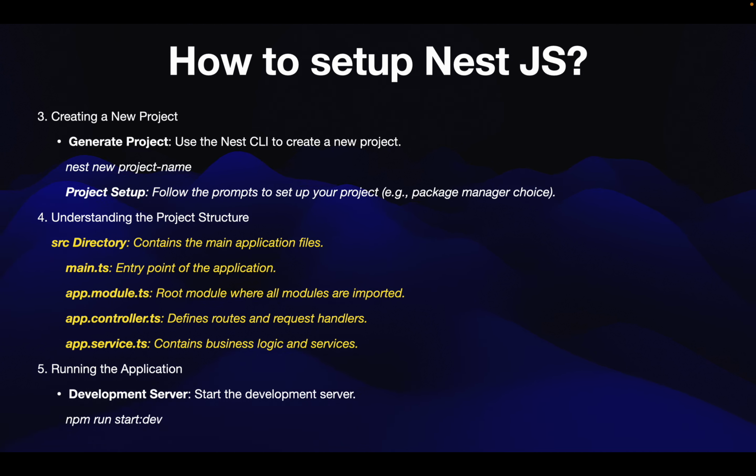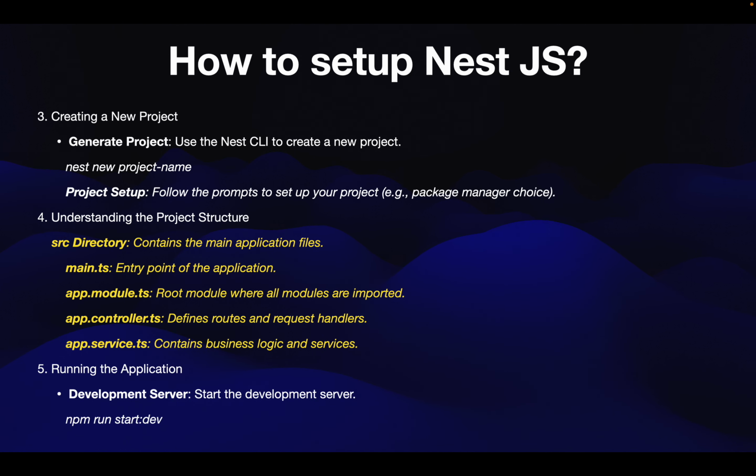Understanding the project structure: it will automatically generate a project structure like this. Inside the src there are files, and outside there are files in the main workspace, but inside src is what is important to us as developers. It contains the main application files. In the src directory, main.ts is the entry point of the application. app.module.ts is the root module, where all modules are imported.